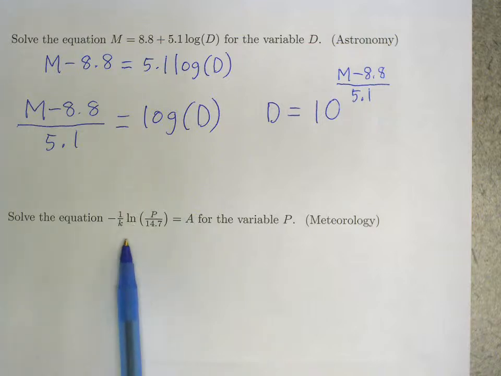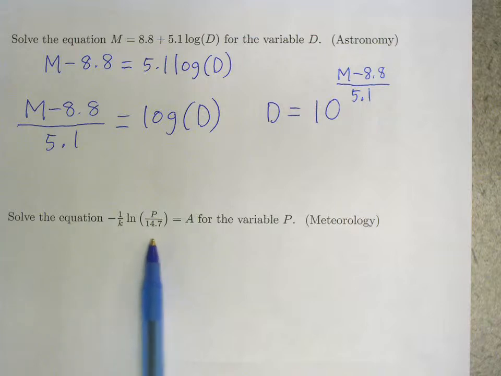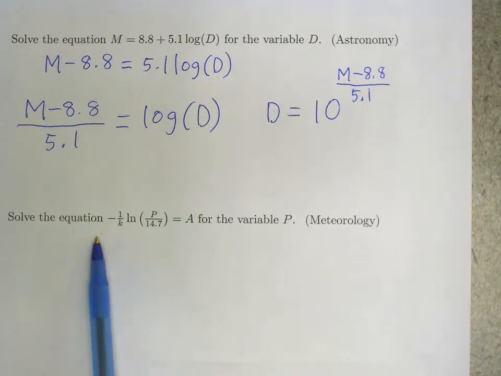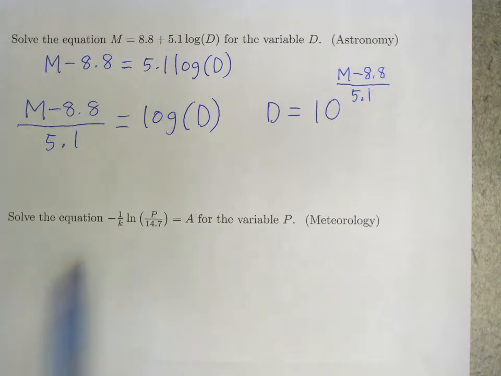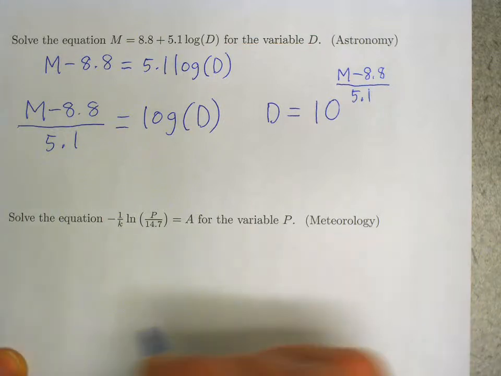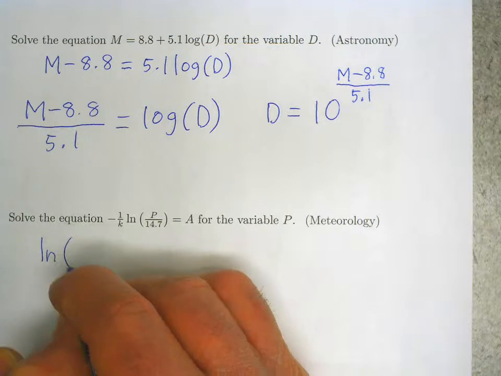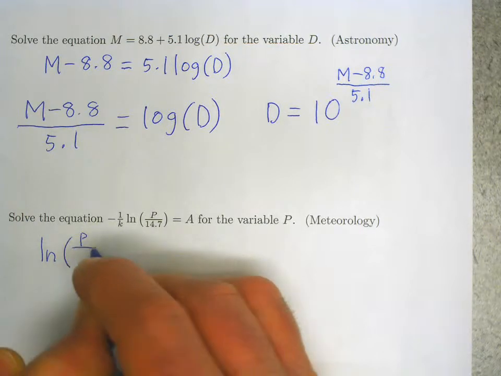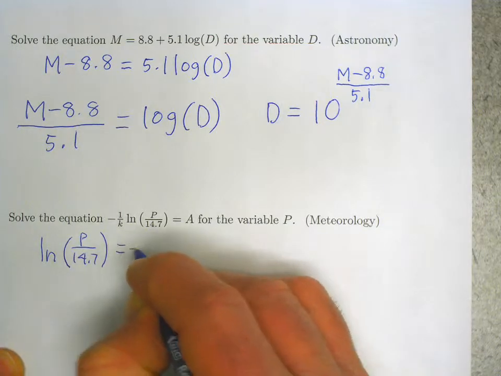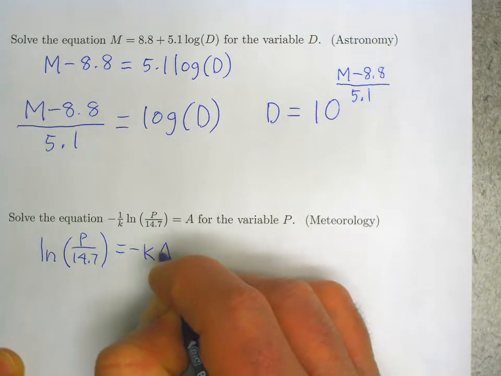So first we want to isolate the natural log of P over 14.7. So if we multiply both sides by negative k, negative k times negative 1 over k is positive 1. So multiply both sides by negative k, we get the natural log of capital P over 14.7 equals negative k times capital A.